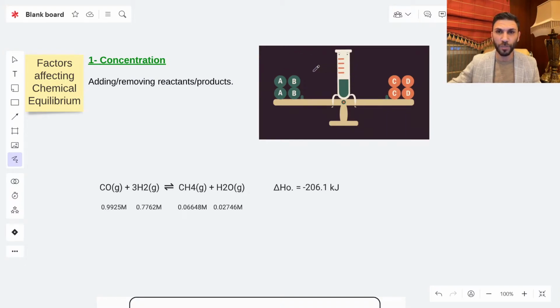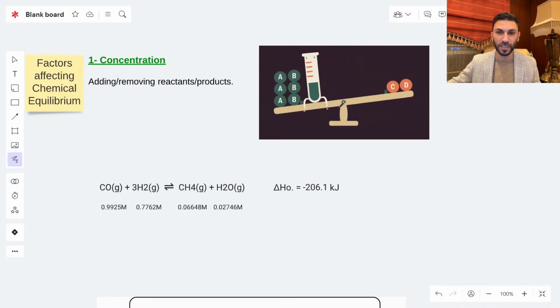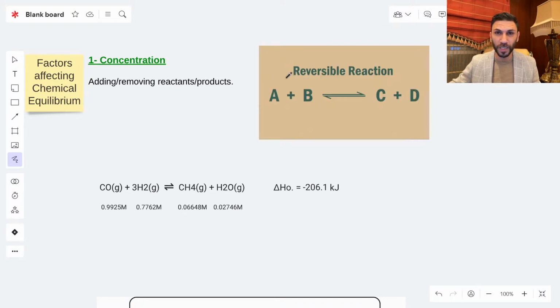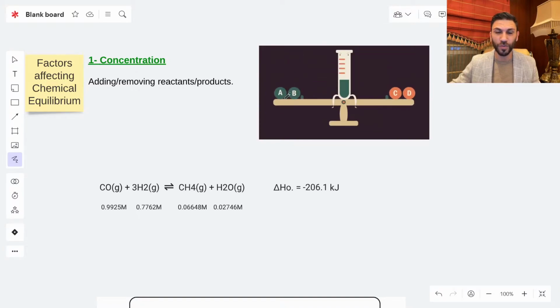So the chemical equilibrium will shift to where the reactants are lower, to consume more reactants, because now the chemical reaction is not at its equilibrium. So it will create a new state of equilibrium by producing more products and consuming the additional reactants that you added externally.